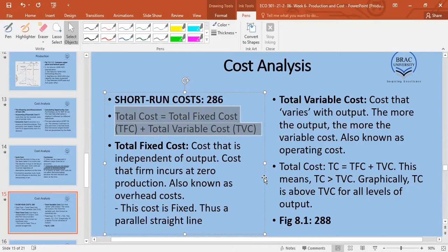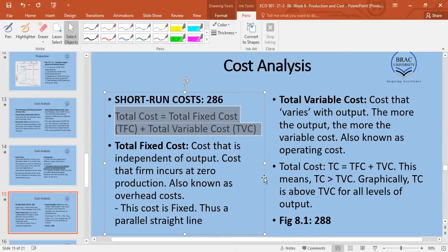Okay. Now, operating cost cannot be the same for all units. If you don't operate, operating cost is zero. The more you operate, operating cost will go up. Same concept with variable cost. It's just another name. Fixed cost is the counterpart of overhead cost. Variable cost is the counterpart of operating cost.